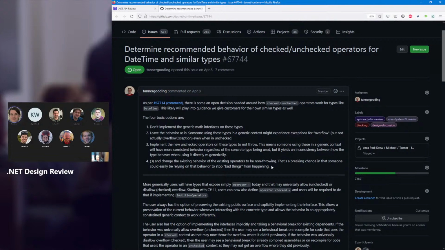The reason that conversion operators are different there is because the number of interfaces required to cover the full set of conversions to primitive types is enough that it hurts the JIT, and so we don't want users to do that. We don't want users defining 20 to 30 conversion interfaces on their type.